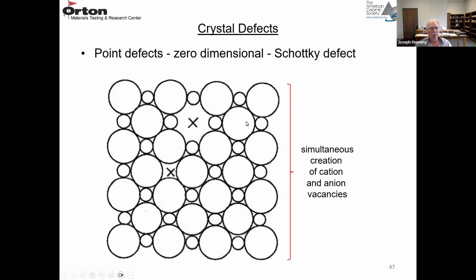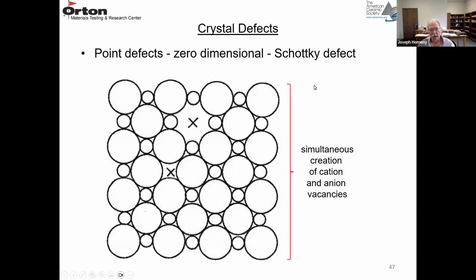So this is a zero-dimensional point defect known as a Schottky defect. So this is a crystal structure. Each size circle represents a different element. The large circle could be oxygen, and the small circle could be a positive cation.